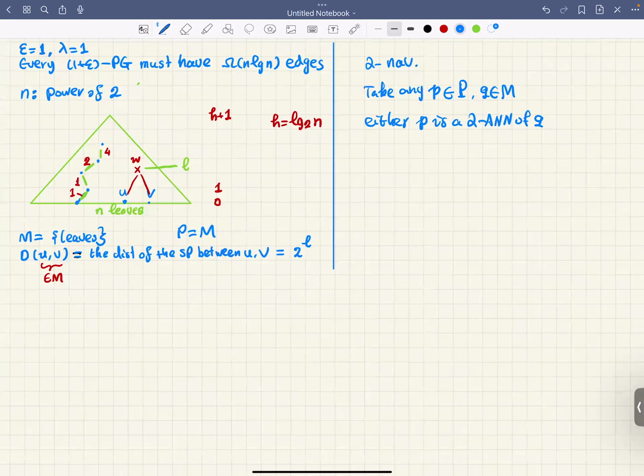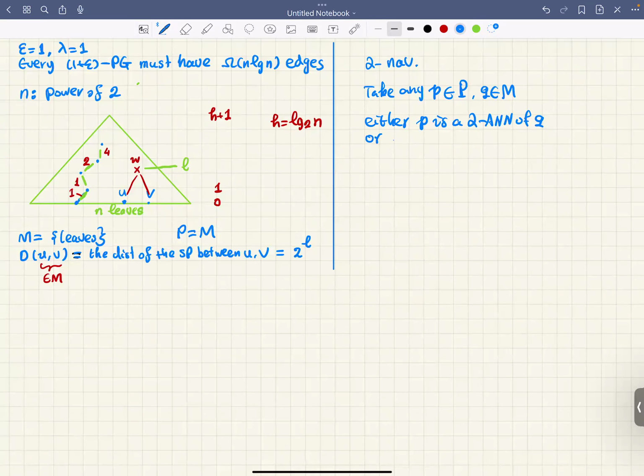Or, if P is not good enough, P has an out neighbor, call it P out, such that the distance between P out and Q is strictly less than the distance between P and Q. So if you yourself are not returnable, then some out neighbor can strictly improve on you. This is 2 navigability.